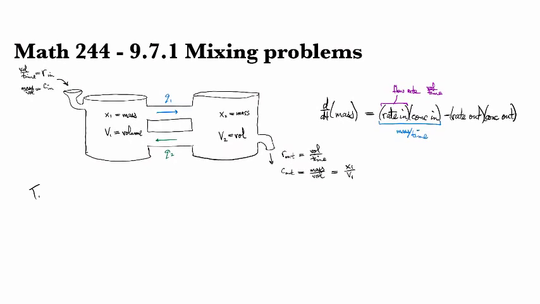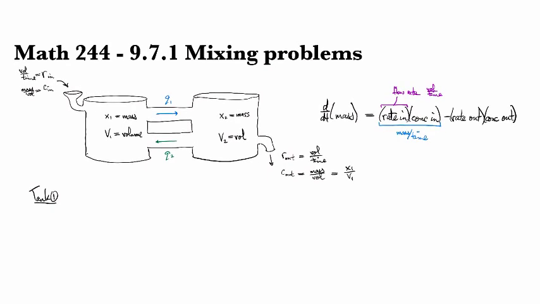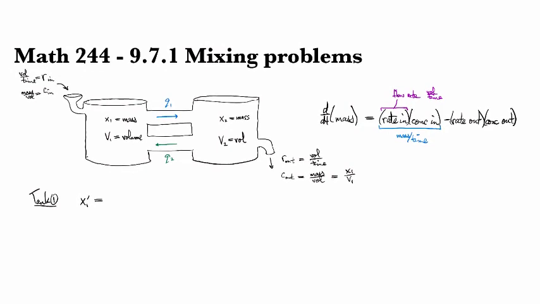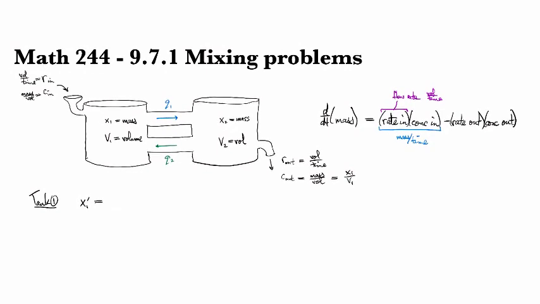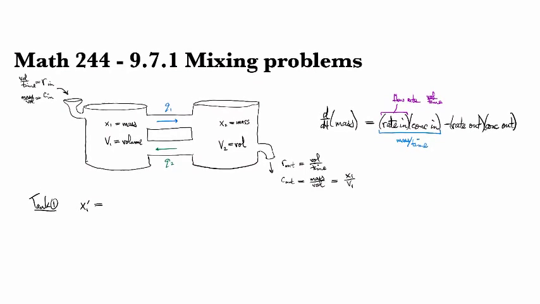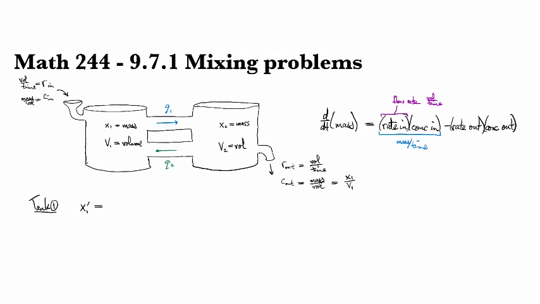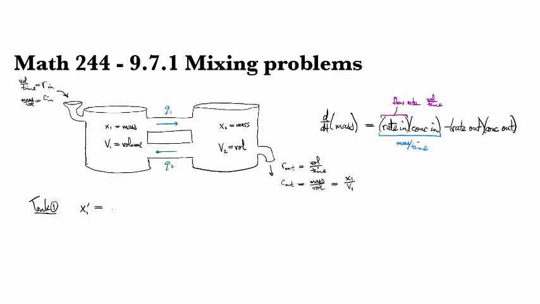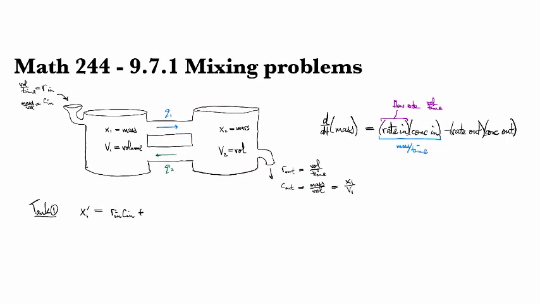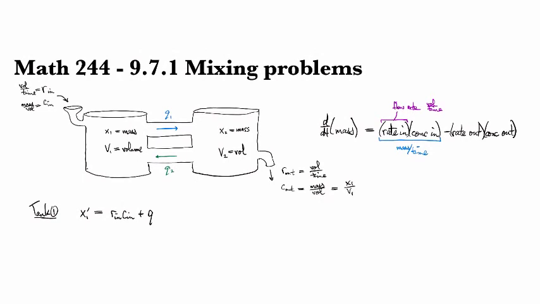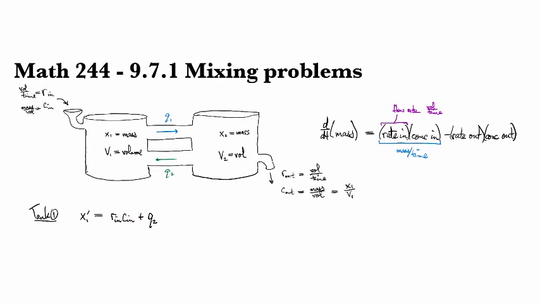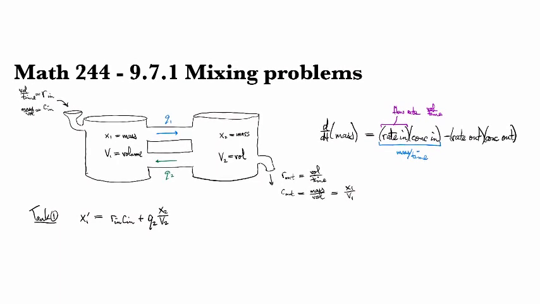So for tank 1, we're going to have X1 prime, the time rate of change in X1. We look at all of the things coming into tank 1. We have stuff coming in here, but also stuff coming in here. From the first one we have R in, C in, and from the second one we have a rate in of Q2 times the concentration of the incoming, which is the concentration in tank 2, X2 over V2.